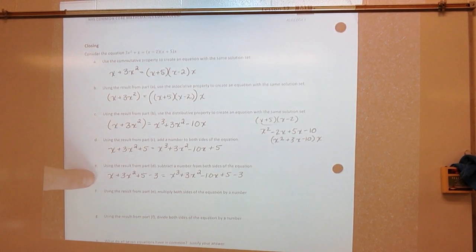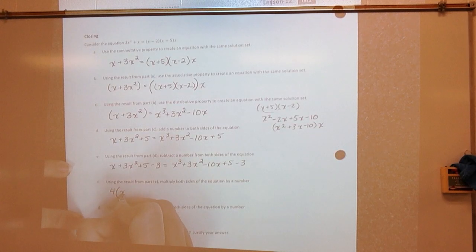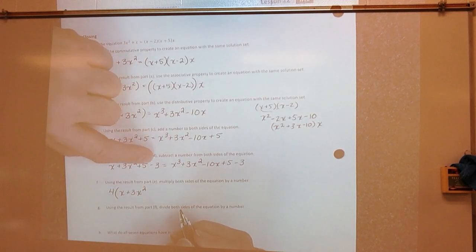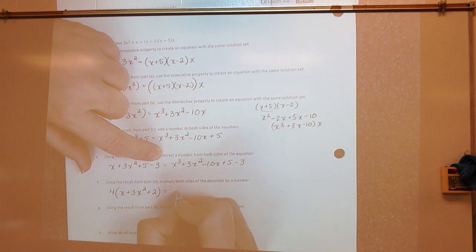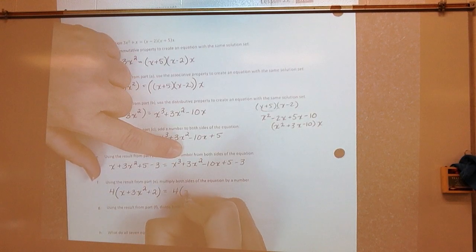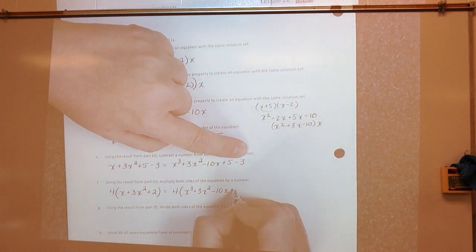Using the results from part E, multiply both sides of the equation by a number. I want to multiply it by 4. Okay? I'm going to multiply it by 4. X plus 3x squared, and I'm going to go ahead and do the 5 minus 3 is plus 2. And then 4 times x cubed plus 3x squared minus 10x plus 2.